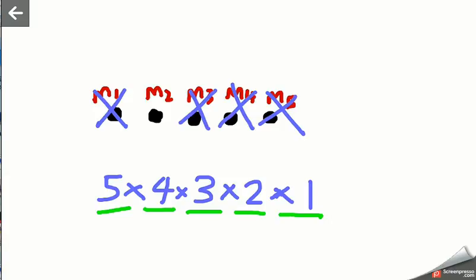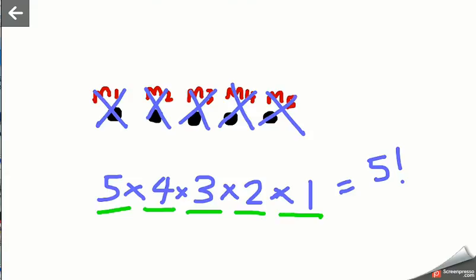And this number here we call 5 factorial. So there are 5 factorial different ways to arrange 5 marbles. There's nothing special about the number 5 or marbles.